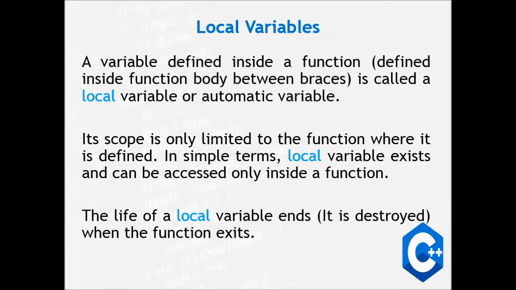Its scope is only limited to the function where it is defined. In simple terms, a local variable exists and can be accessed only inside a function between two curly braces. The life of a local variable ends when we close the braces, which means when the function exits.